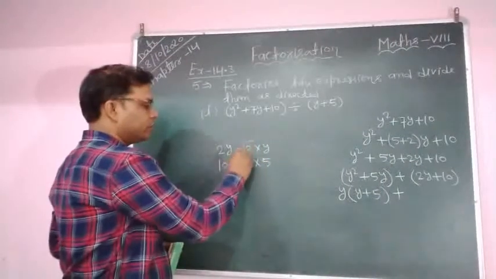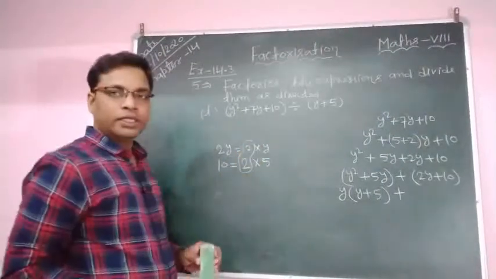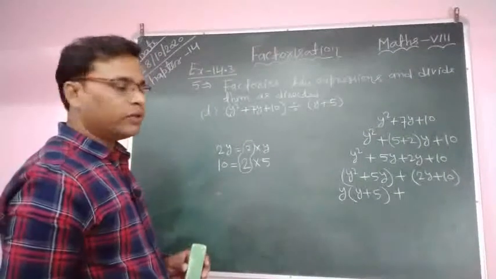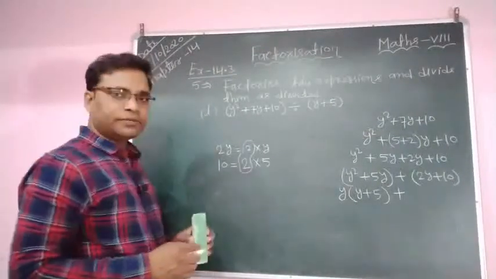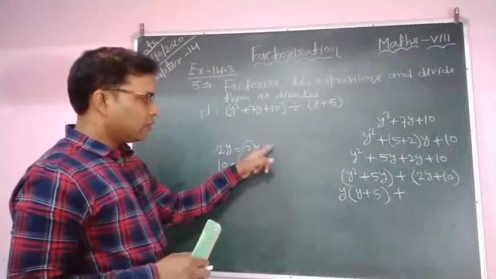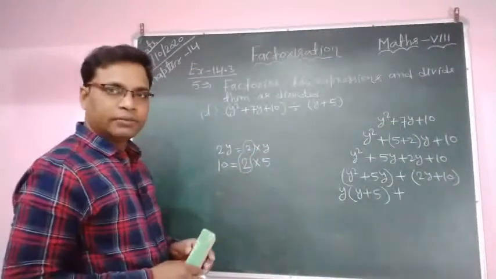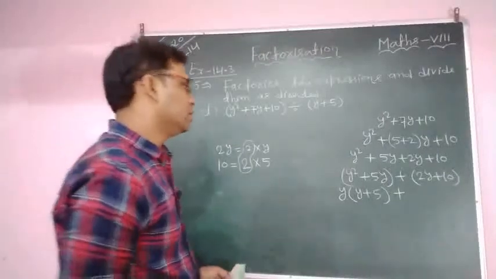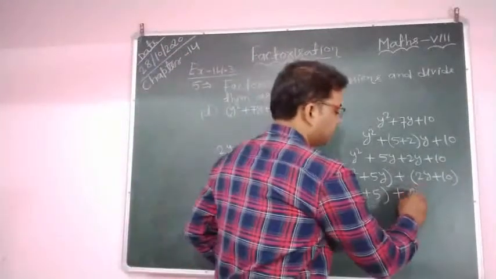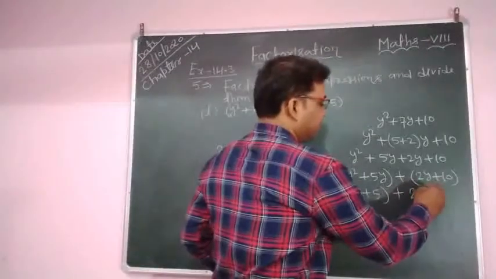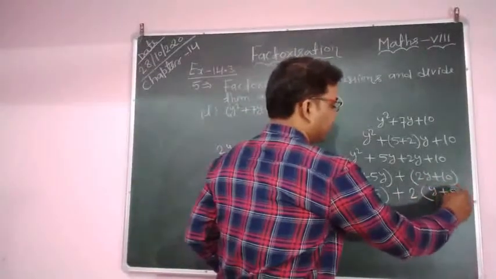So in both terms you can see 2 is common. If you take 2 common, then what is the remainder? Y in the first term and 5 in the second term. So we take 2 common, then we have as remainder y plus 5.